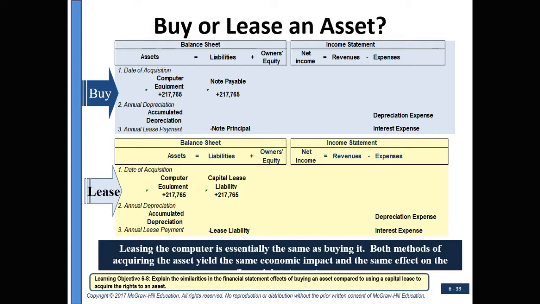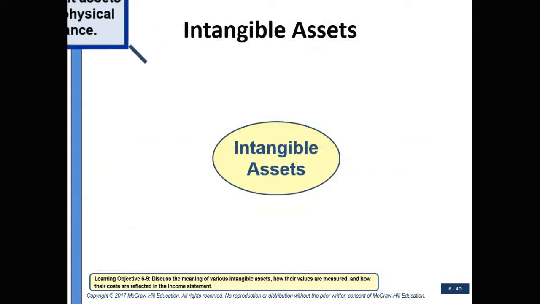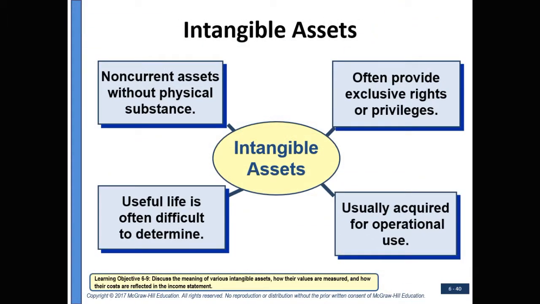Now, another type of non-current asset, but one that does not actually have physical substance, is intangible assets. The useful life of intangible assets is often really hard to determine. They provide exclusive rights or privileges, and they are usually acquired for operational use.